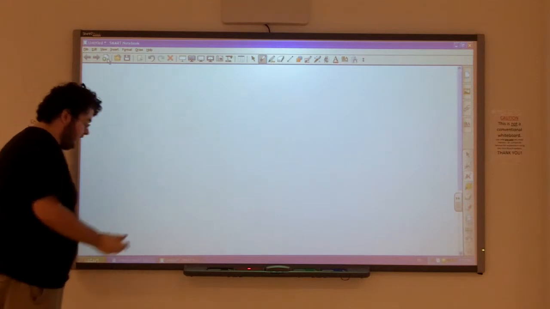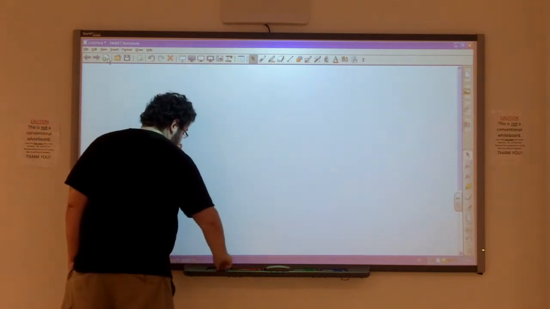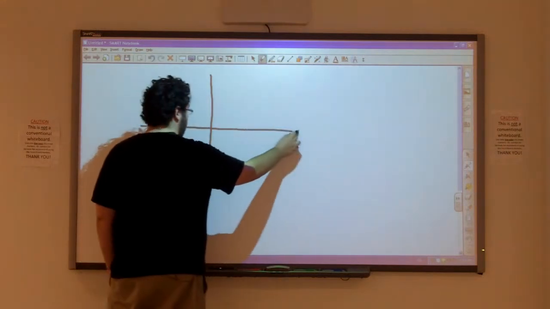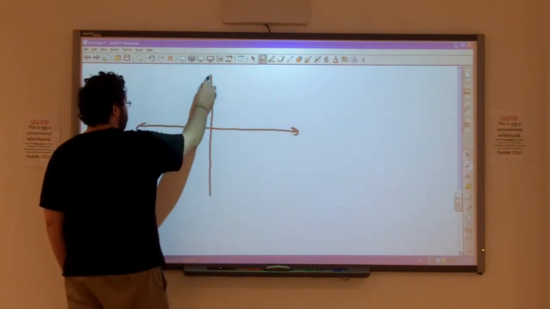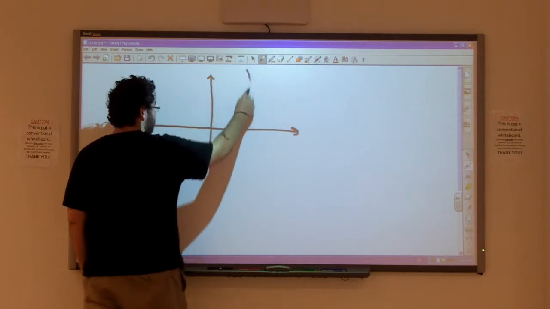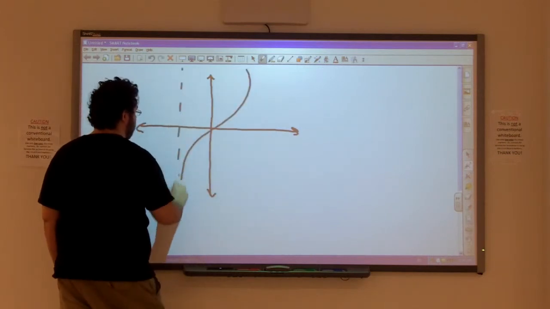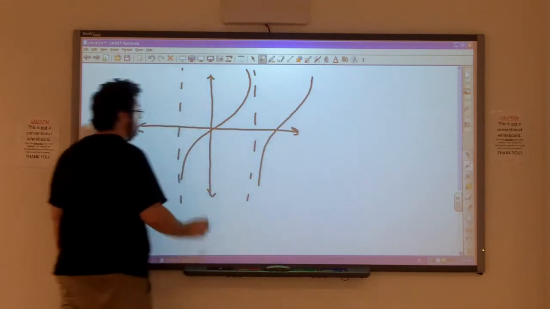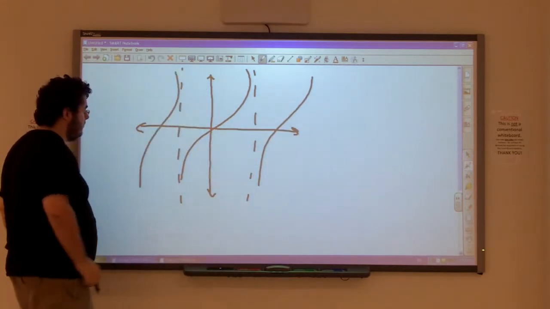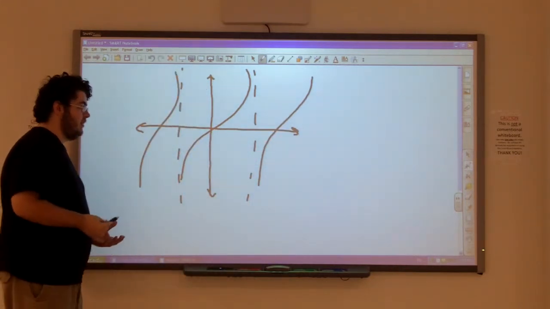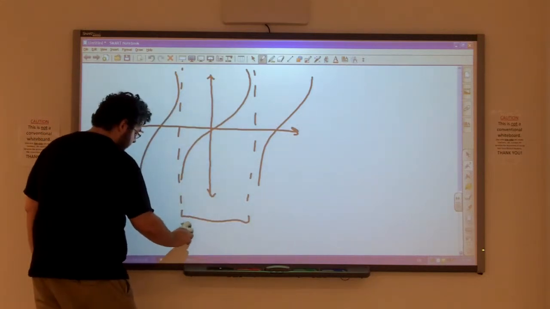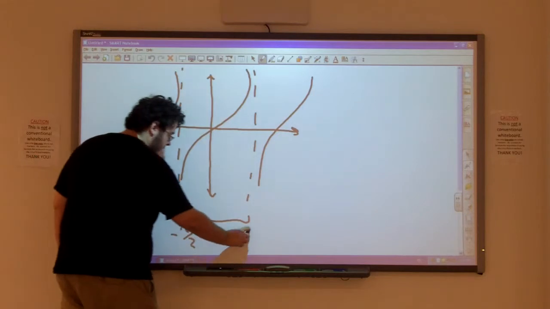Well, let's look at tangent, because tangent actually makes a little bit more sense. So tangent, which looks like this, has a lot of asymptotes, and just repeats this cycle forever. Well, we never want to cross an asymptote anyway, so it makes sense to restrict our domain of tangent from here to here, which is minus pi over 2 to pi over 2.